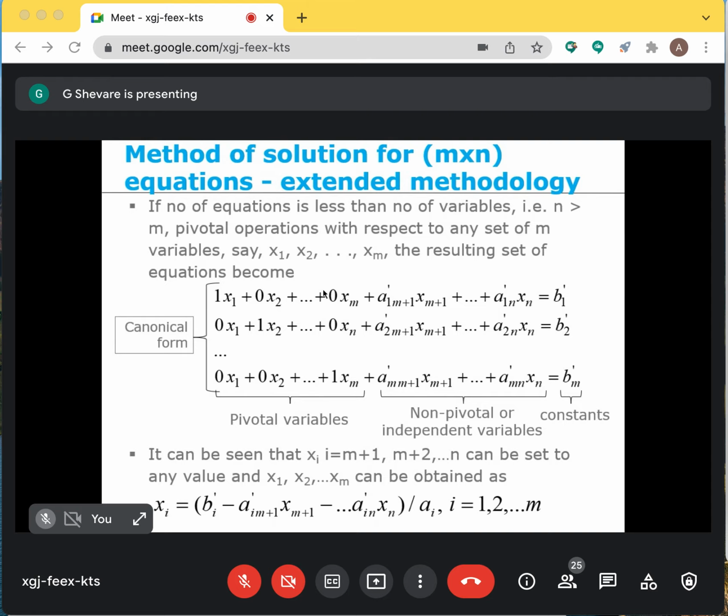Let me repeat. You can choose whatever values you want for xm plus 1, xm plus 2, xm plus 3, xm plus 4, etc. till xn, and get the values for x1, x2, x3 till xm in terms of these values, and you will have satisfied the equality constraints.